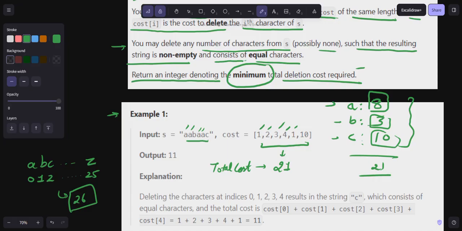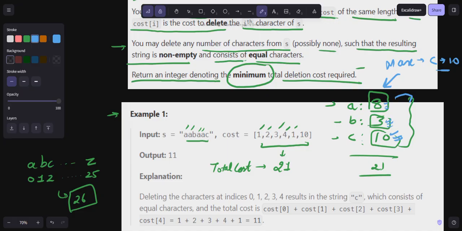Clear? Okay, so now what I can do, among this first, tell me the max value. Among this, max is for c, which is 10. Now let's say if I delete c, I'm spending more than if I'm deleting a or if I'm deleting b.